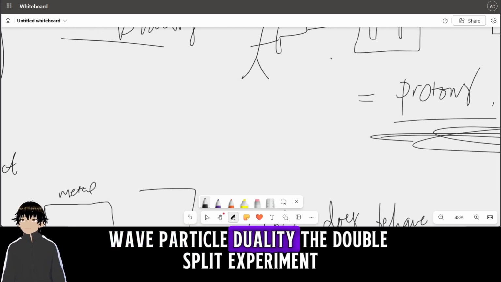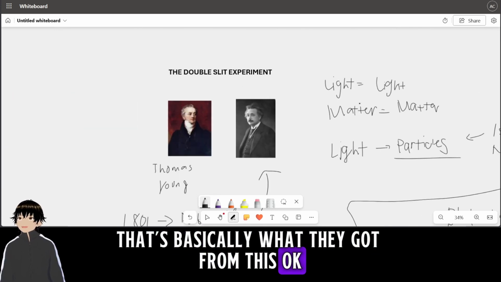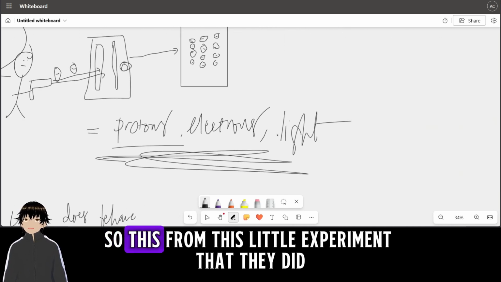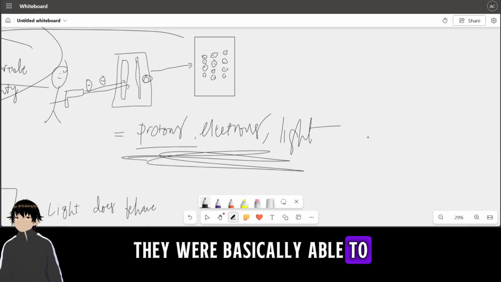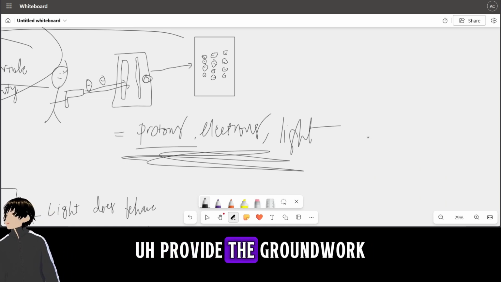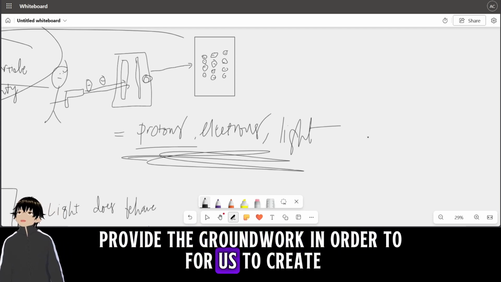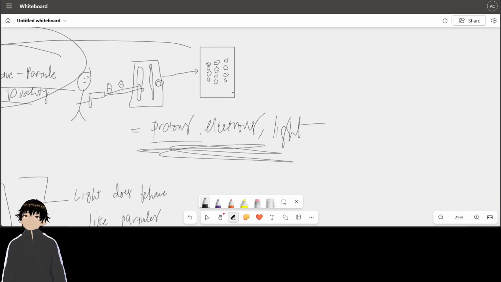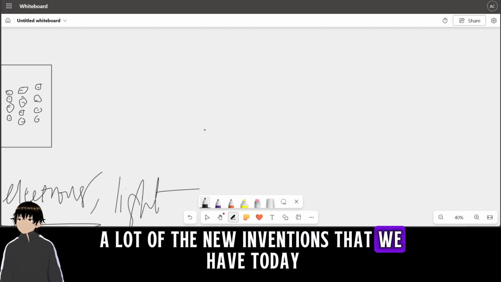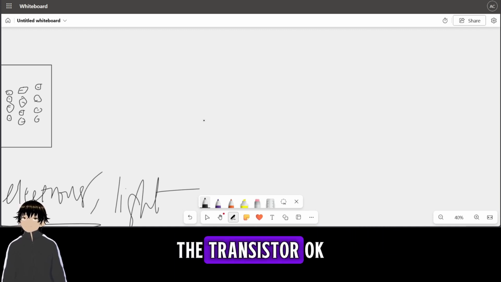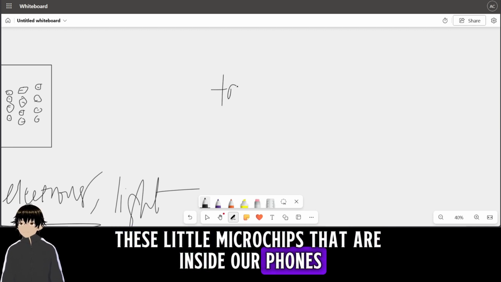Wave particle duality, the double slit experiment. That's basically what they got from this. From this little experiment, they were able to provide the groundwork for a lot of the inventions we have today, like for example the transistor, these little microchips that are inside our phones right now.